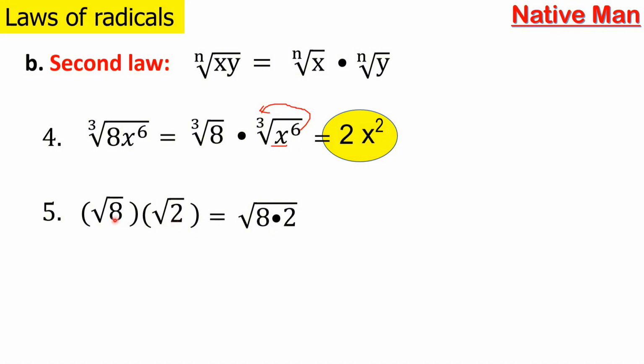So it becomes the square root of 8 times 2. Remember, when the given is mixed, you can separate them. When the given is separated, you can mix them. So 8 times 2 is equal to 16. And the square root of 16 is 4.